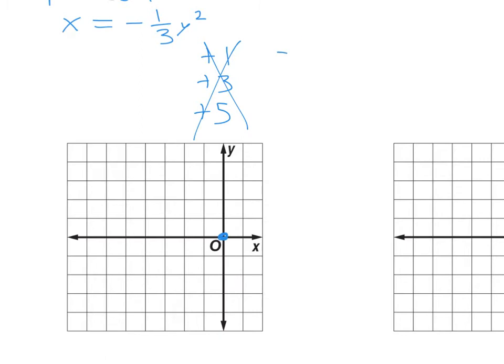So it would be -1/3, and usually that means down, but in this case it means left because it's sideways. So -1/3, up and down 1. Then I would go -3/3 or -1, so that would mean left 1 unit and up 1, and left 1 unit and down 1 also.